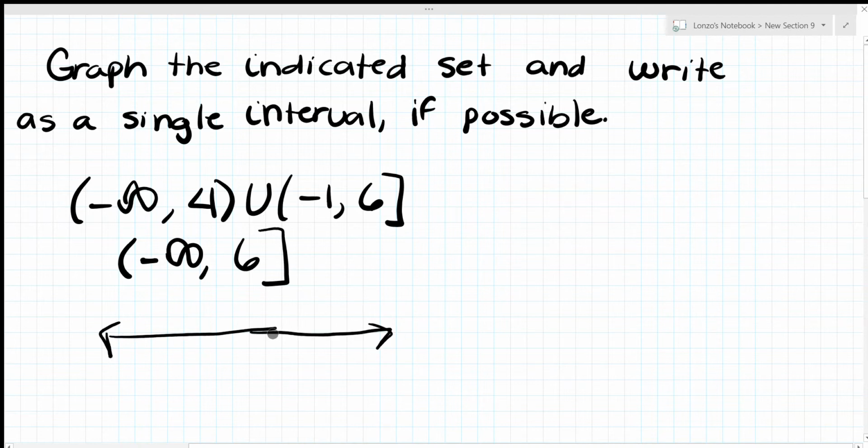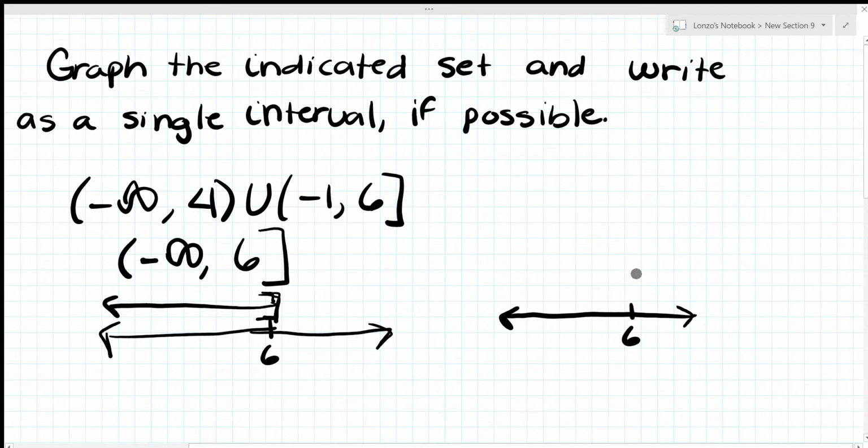So here's 6, right? And we're going to use a parenthesis or bracket. And then it's going from -infinity, so we're just going to move the arrow to the left. And there you go. That's how you graph this one. You can also, if you wanted to, use a dark circle, right?